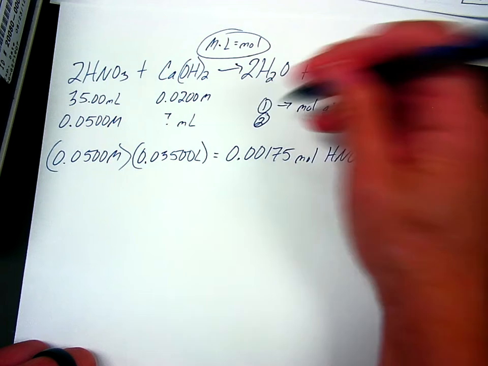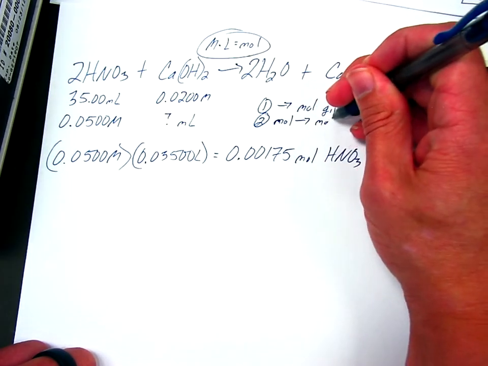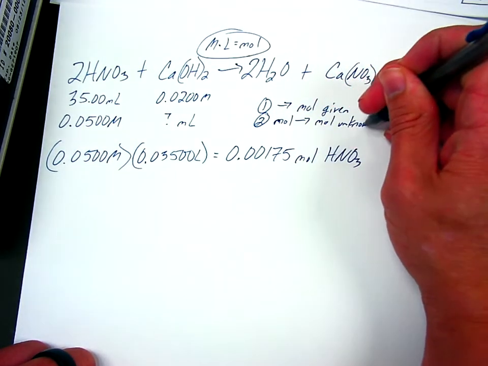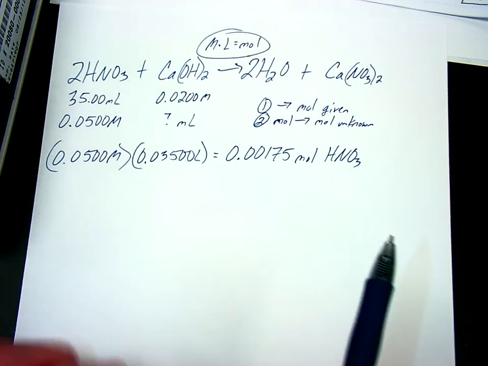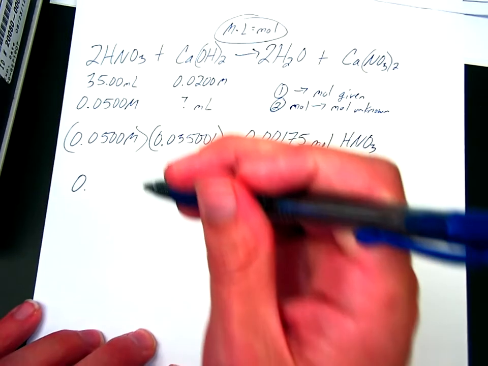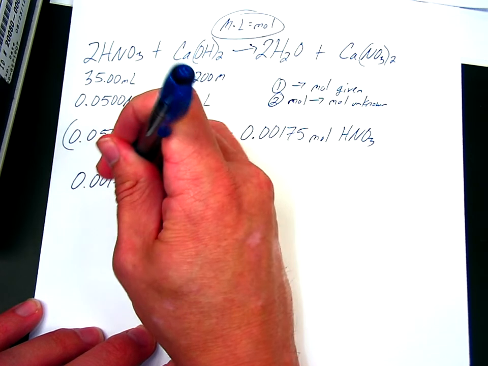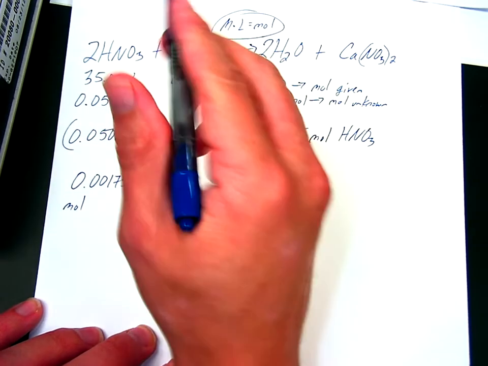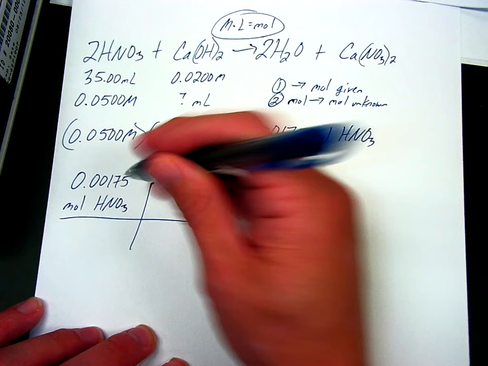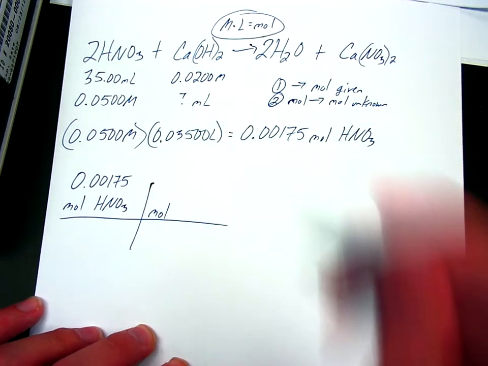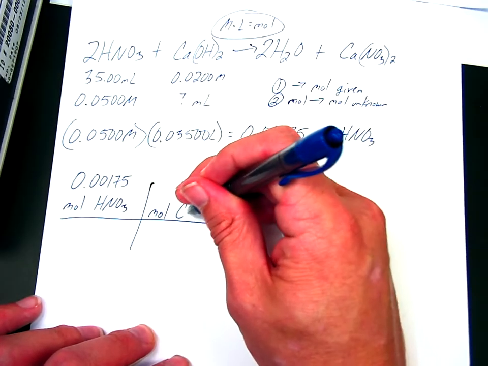My second step is to go from moles to moles of unknown in a titration. So I need to take my 0.00175 moles of nitric acid and convert that across the top to moles of what we're asking for, the calcium hydroxide.